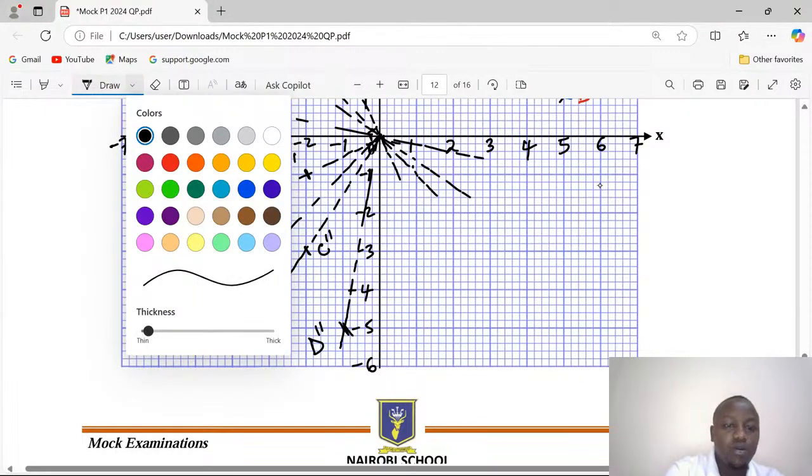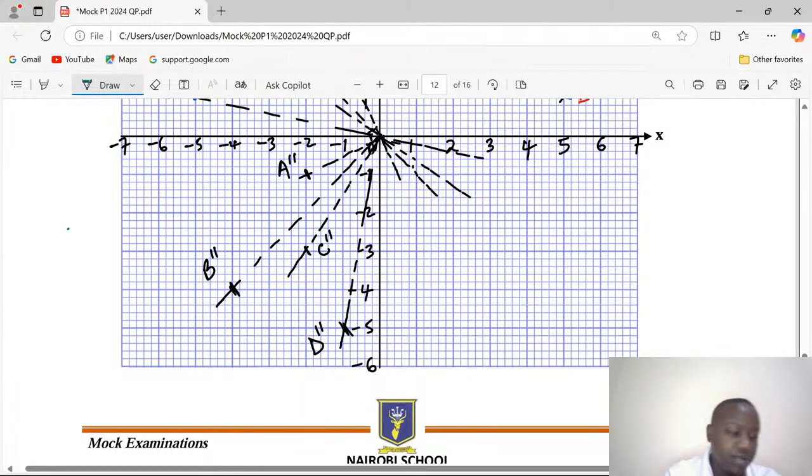We can now connect all the coordinates for us to come up with this image. So A to B, B to C, C to D, then D to A. Like that.